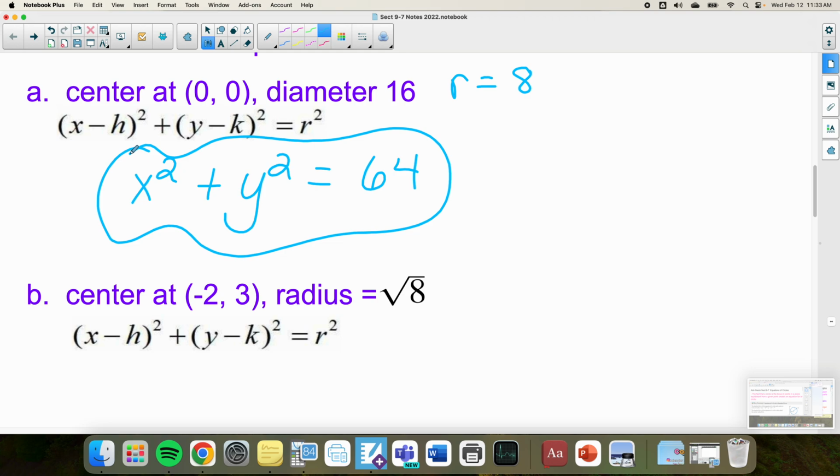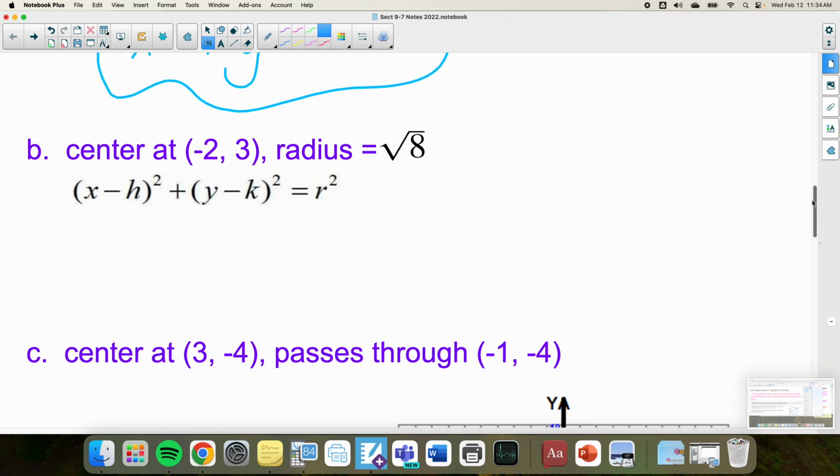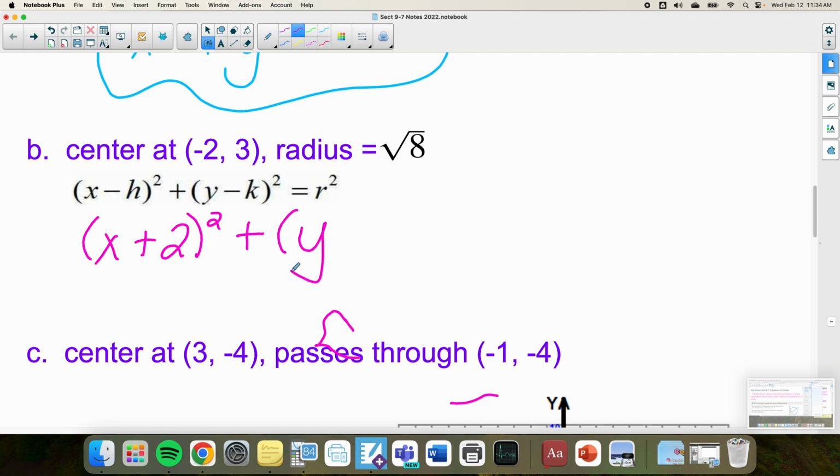Okay. Now, they get a little bit harder here. So when I go to write this, I always do x, and then I just do the opposite of this. That's -2, so it's +2 quantity squared, plus y, and then the opposite of that.